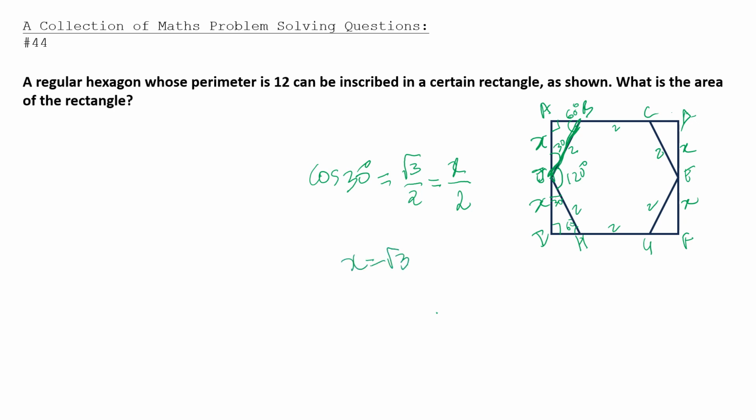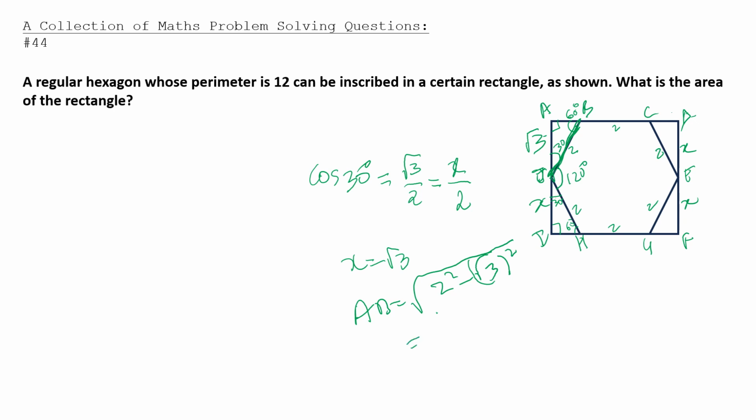So now I know that this side is root 3, and the other side, which is AB, equals the square root of 2 squared minus root 3 squared.